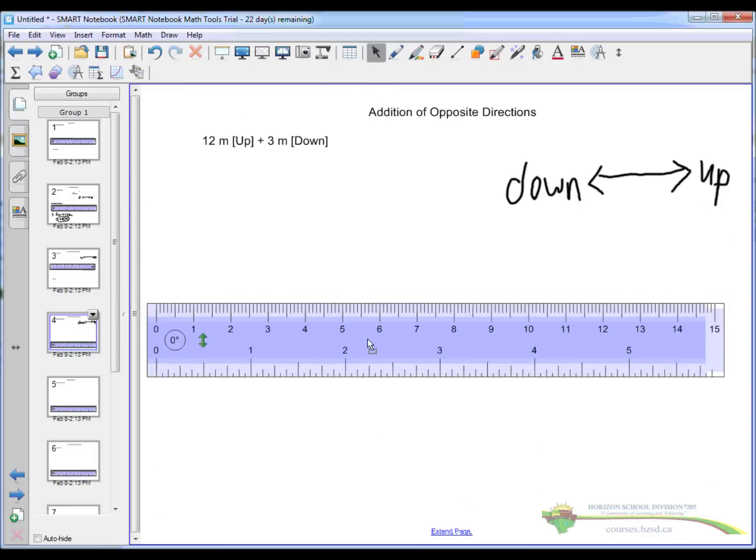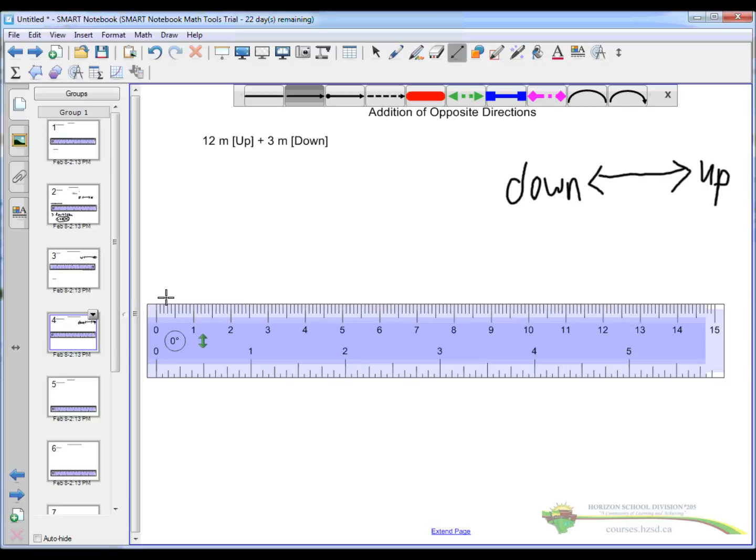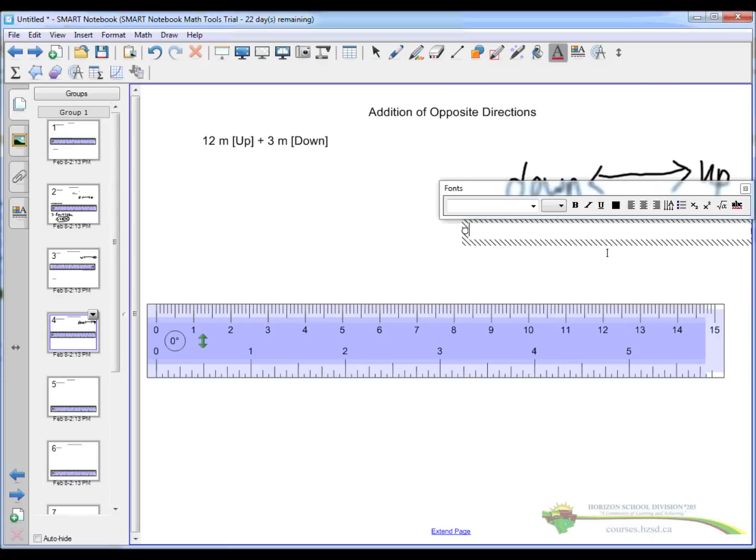So pull my ruler up, and I'm going to grab my line tool. I'm going to draw now. Oh, I also need a scale in here, that too. My scale, 12 and 3.